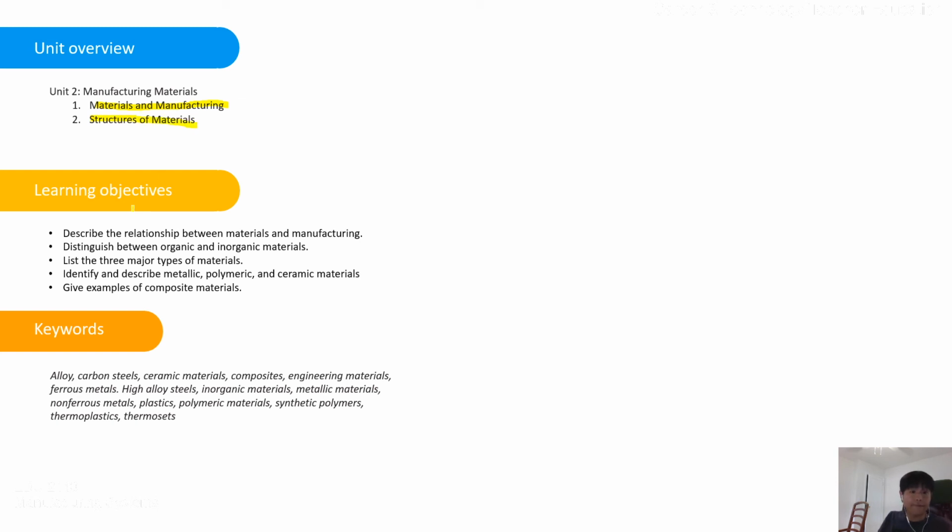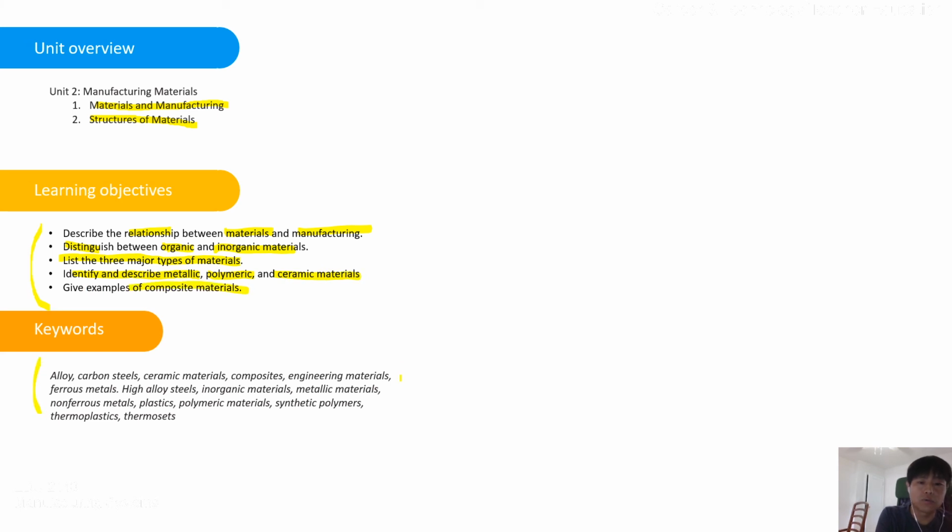This class has 5 objectives. In this class, I want to highlight the relationship between material and manufacturing, how they are related, and distinguish between organic and inorganic material. Those are simple, but the others are to list the 3 major types of material, identify and describe metallic, polymeric, and ceramic materials, and give examples of composite material.